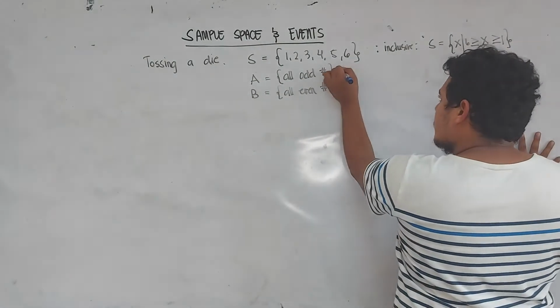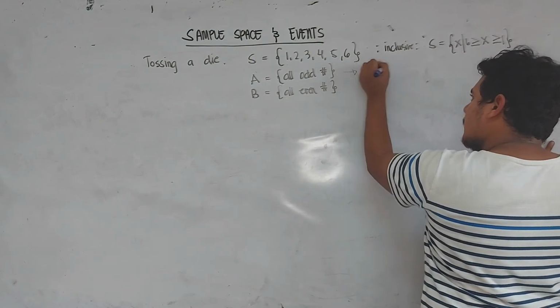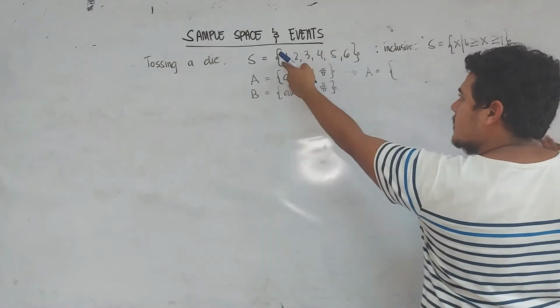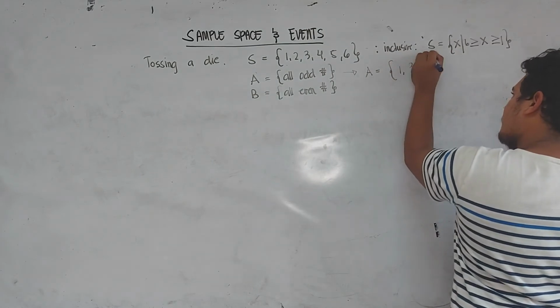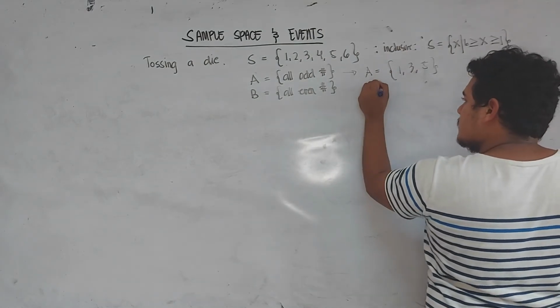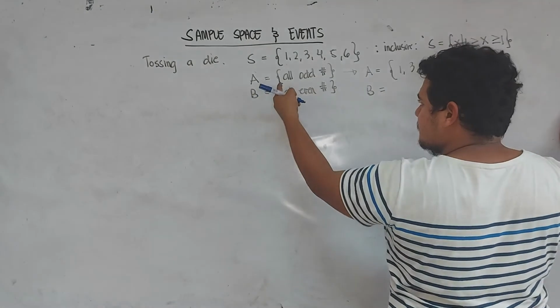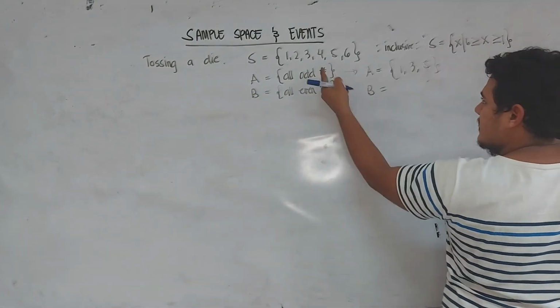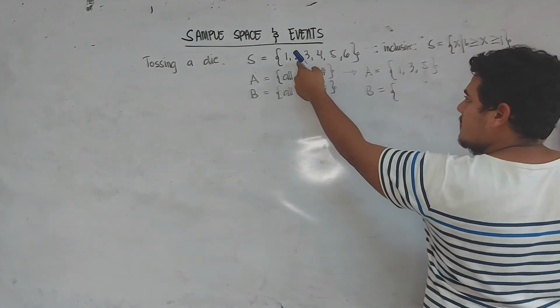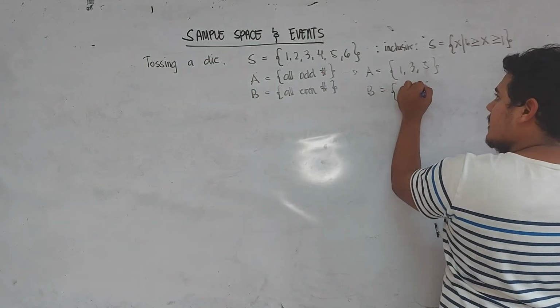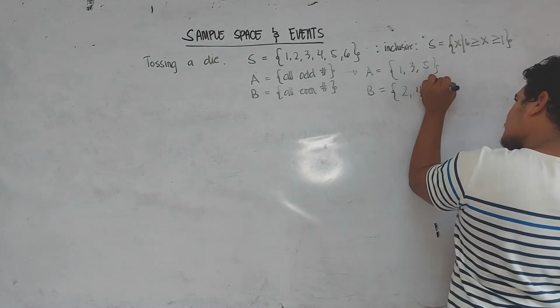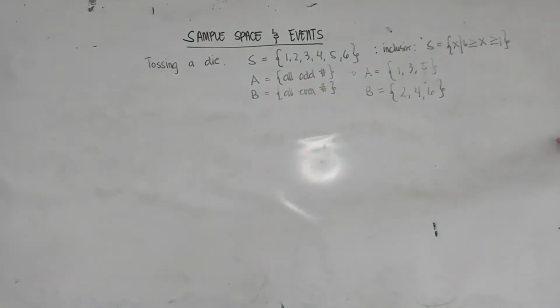So we could say that the value of our A is equal to, the odd numbers in the sample space, 1, 3, and 5. About B? B is all even. That is, 2, 4, and 6.